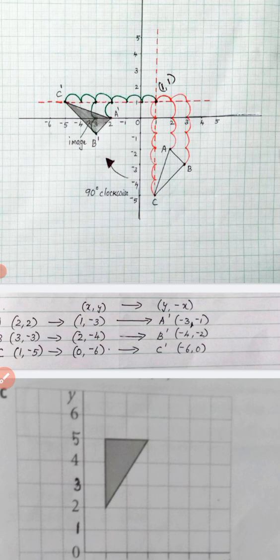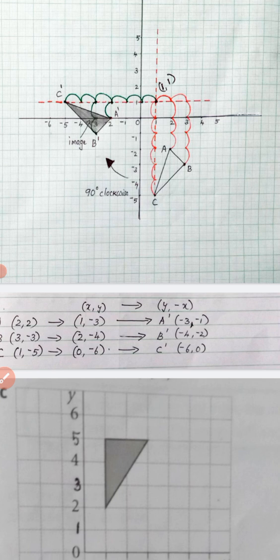Children, when we are rotating a given shape 90 degrees clockwise, we have to apply a rule, that is the point (x, y) becomes (y, -x), if the center of rotation is (0, 0), that is the origin. But here in the given shape, the center of rotation is not the origin.